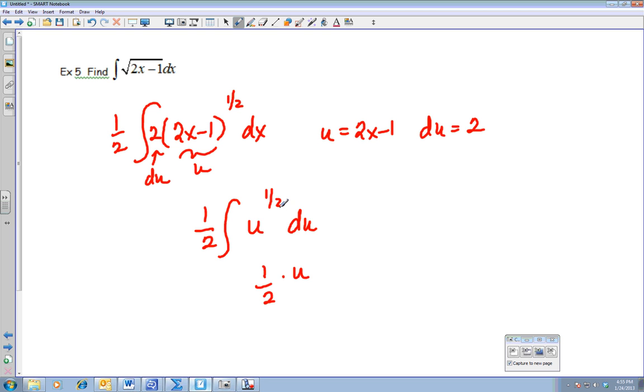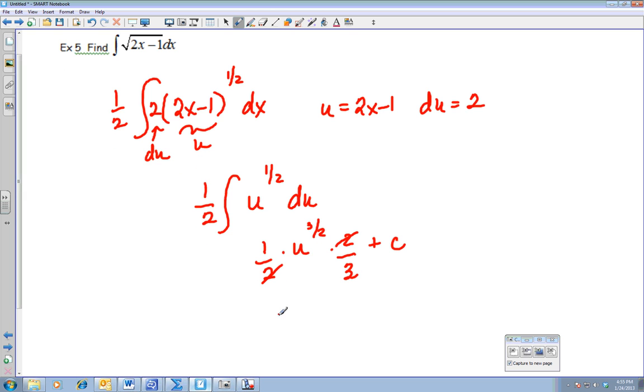So 1/2 plus 1, or 1/2 plus 2/2 is 3/2, divided by my new exponent, but I don't want to divide by a fraction, so I'm going to multiply by its reciprocal. So now I'm going to simplify. My 2's cancel. Now do you see I have 1/3? So I have 1/3 u to the 3/2 plus c. And I'm going to substitute my u back in. 1/3 2x minus 1, that quantity raised to the 3/2 plus c.